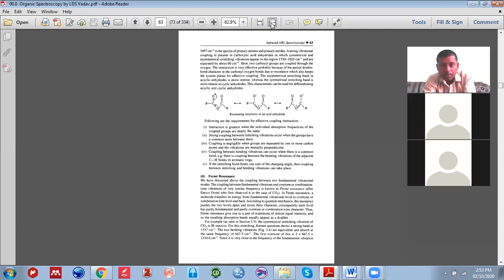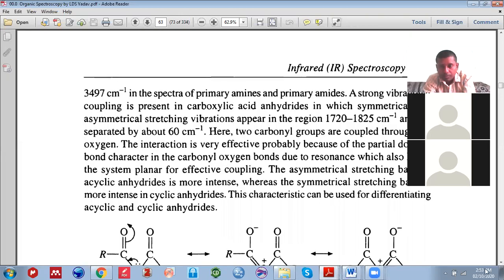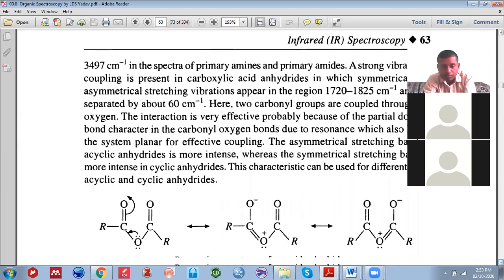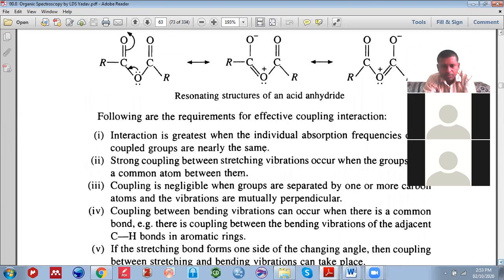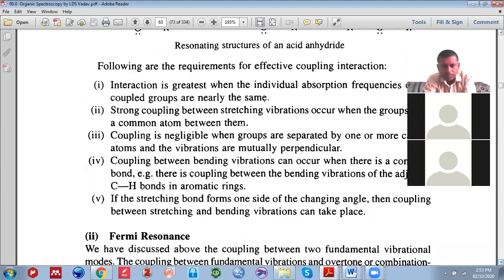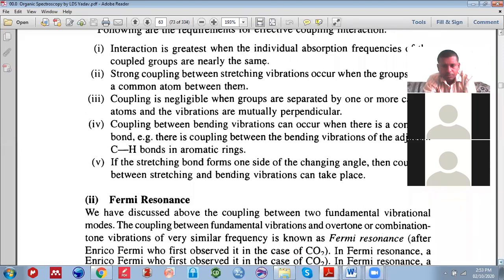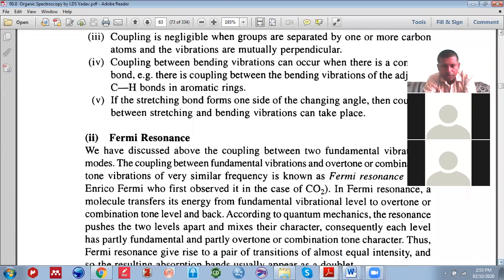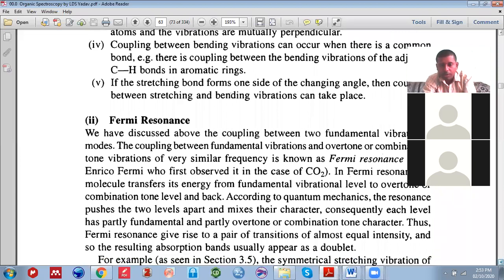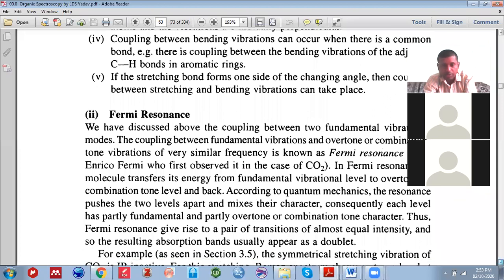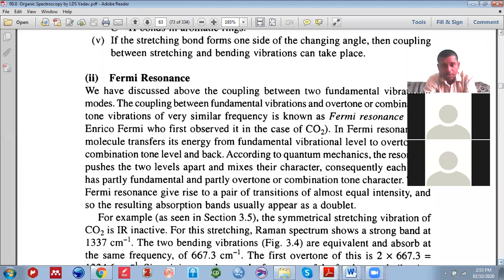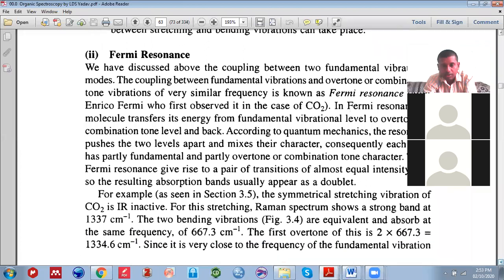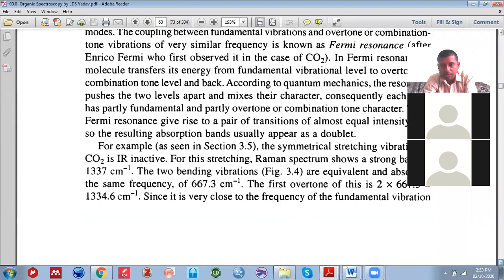Thus, Fermi resonance gives rise to a pair of transitions of almost equal intensity, so the resulting absorption band usually appears as a doublet. We have seen several peaks as doublets in the IR stretching vibration.